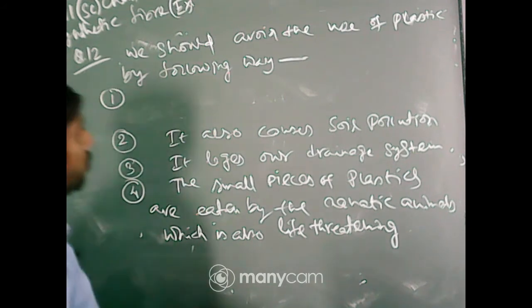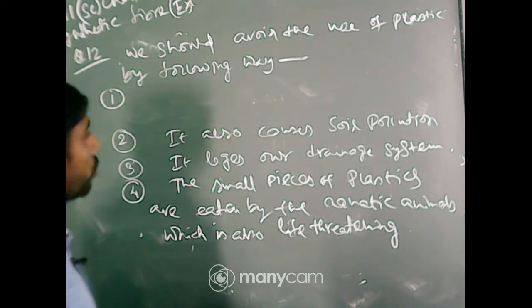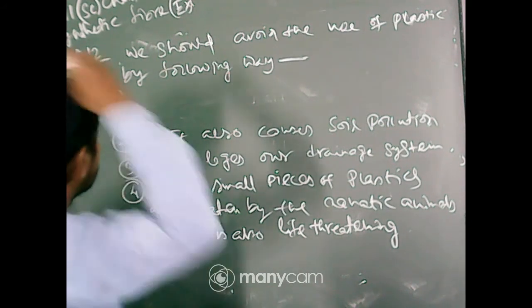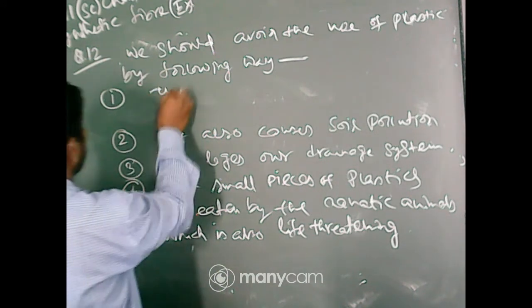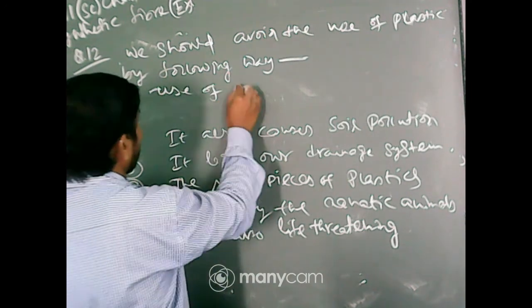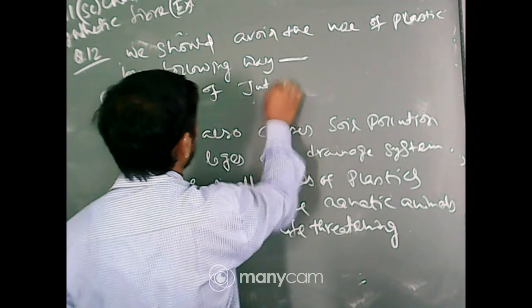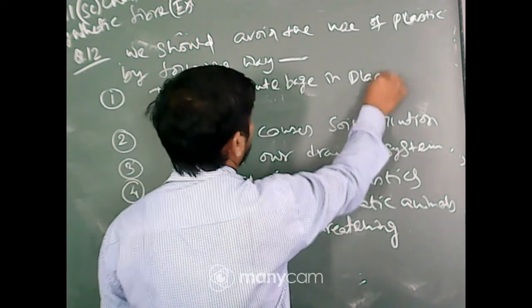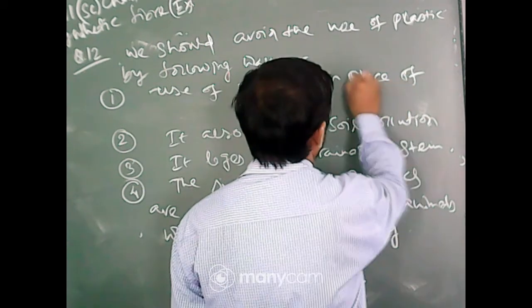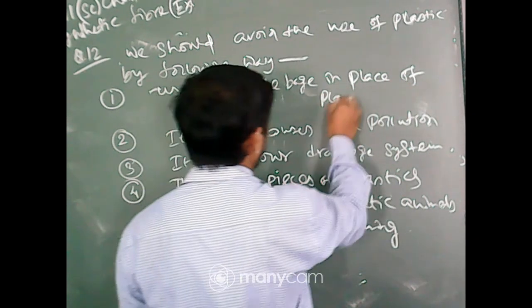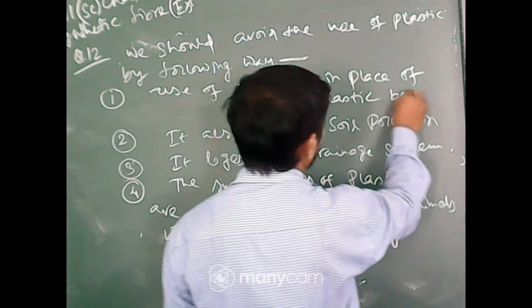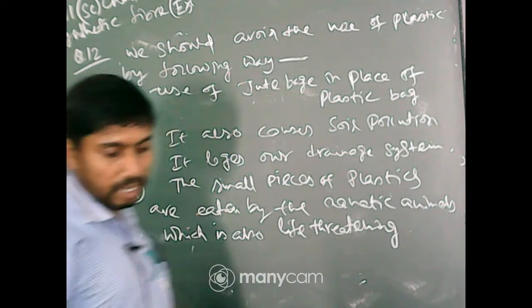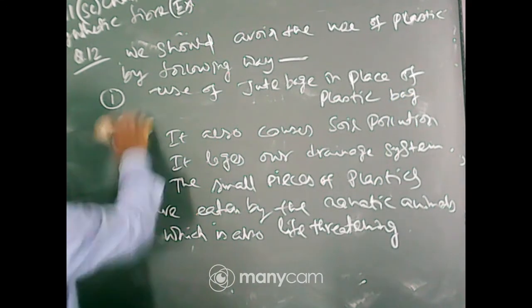Number 1, we should avoid the use of plastics, that means use of jute bag in place of plastic bag. Use of jute bag in place of plastic bags.